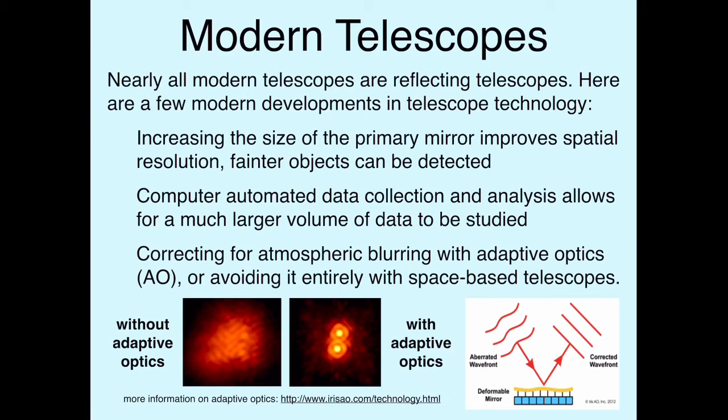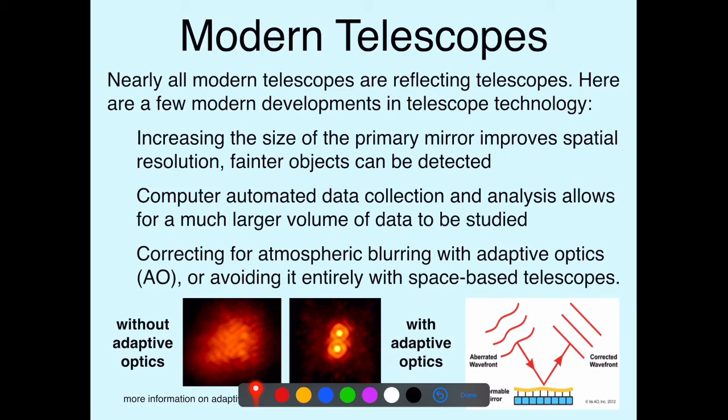So the first thing is very simple. If you want a more powerful telescope, you need to build a larger telescope. When you increase the size of the primary mirror, you improve the magnification you get. You get a bigger magnification than before, which means you can see the more fine details of things. You increase your spatial resolution, in other words.